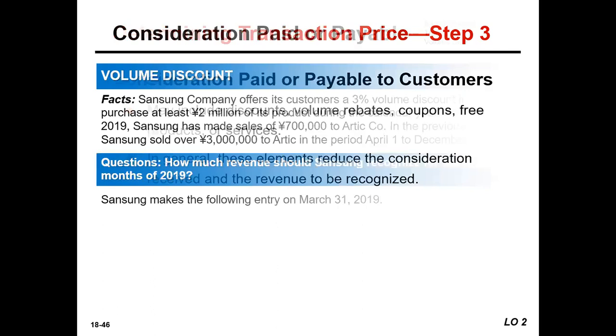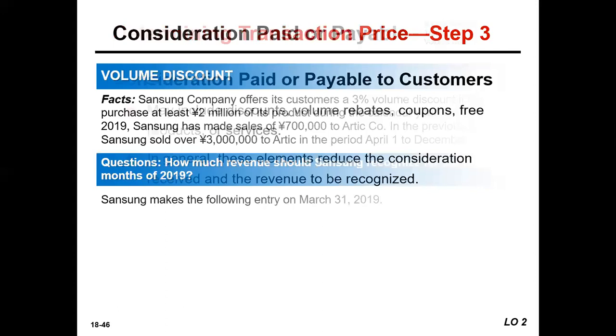So Samsung here. Samsung company offers its customers a 3% volume discount if they purchase at least 2 million of its product during the calendar year.